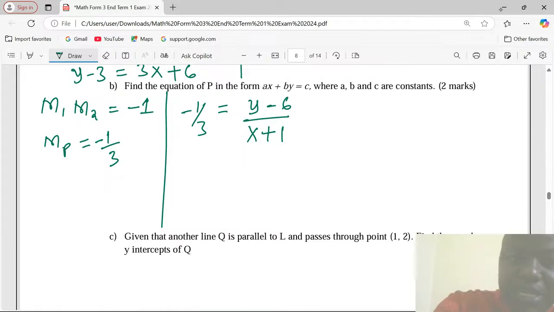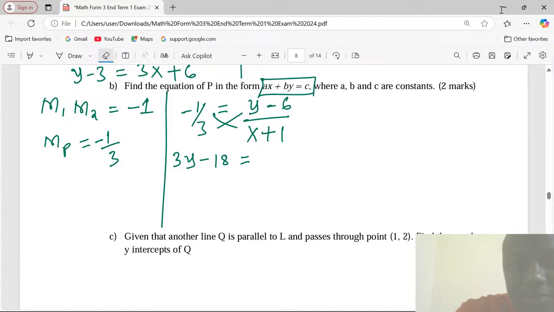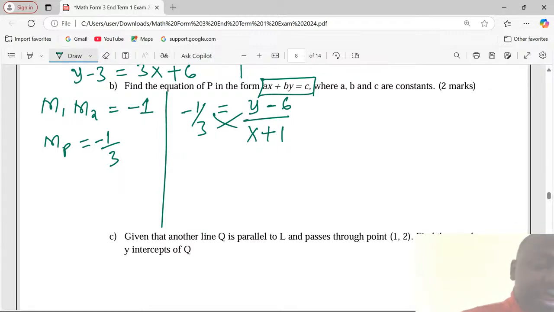A cross multiplication will give us 3y minus 18 after multiplying by 3. Actually, we could have started with the side that has x, because when you look at the format we are advised to leave our equation in, it becomes wise to be guided by the format.